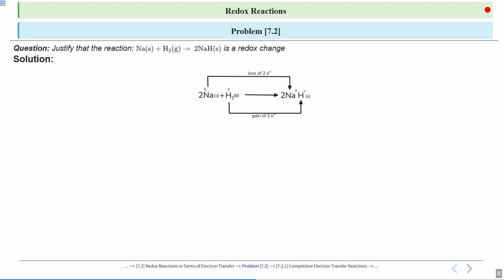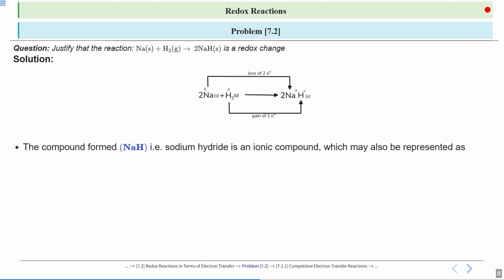Now, if we look at the Na, that means 0 to plus 1, while after balancing we will find there is 2 ahead of sodium in both the reactant and product. That means there is a loss of 2 electrons, and these 2 electrons are gained by the hydrogen. That means the sodium is oxidized while the hydrogen is reduced. Hence, we can say that the particular reaction is a redox change.